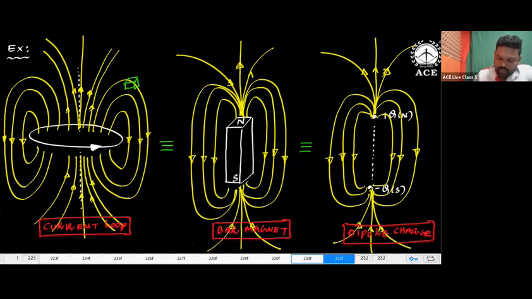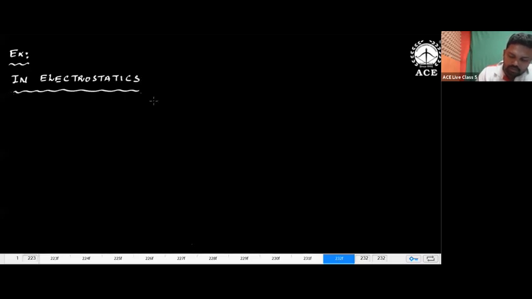Let me turn the page here. In the case of electrostatics, you can have, for example, 4 microcoulombs and minus 1 microcoulomb.